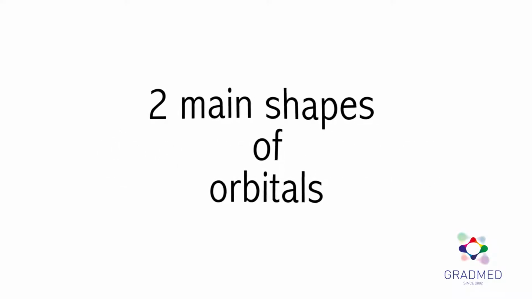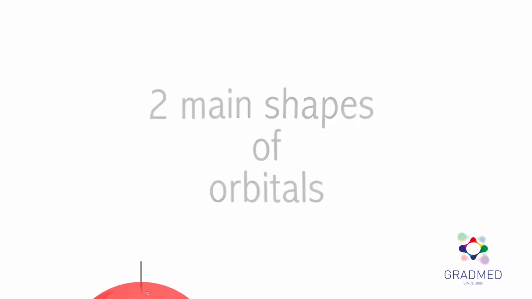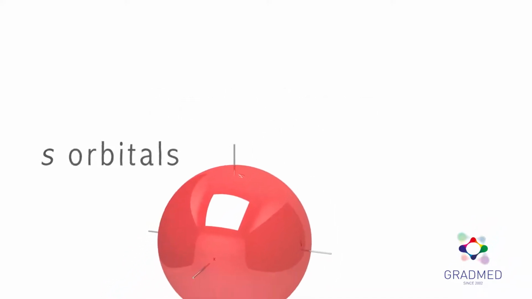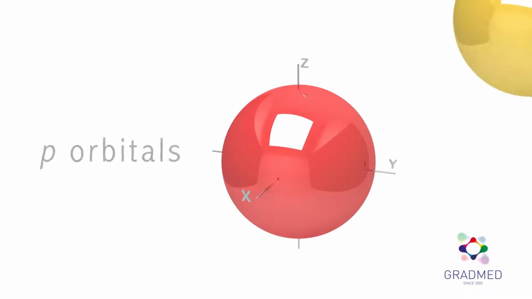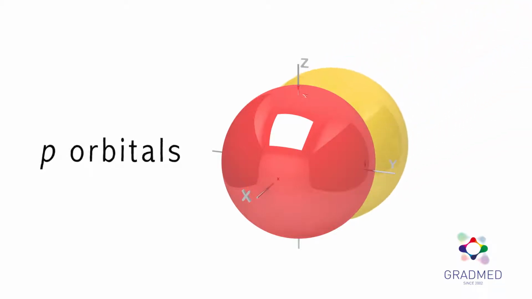In organic chemistry, we find that there are 2 main shapes to these electron clouds, or orbitals, which concern us. Firstly, there are s orbitals, where the electron cloud looks like a sphere around the nucleus of the atom. Then there are p orbitals, where the electron cloud adopts a figure of 8 shape around the nucleus.